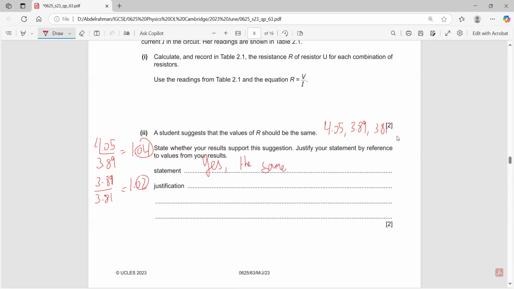Why? Because the values 4.05, 3.89, 3.81 are close and within the limits of experimental accuracy.